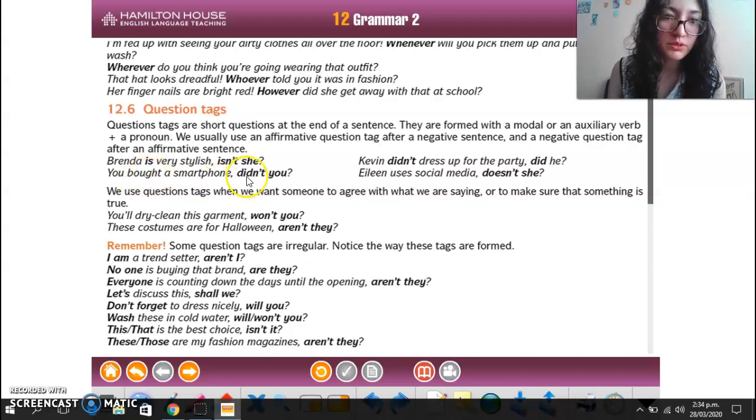So what you're going to do is use did. Just did. Then, Ellen uses social media, doesn't she? Here you have to put doesn't in this case, because this sentence is in present.